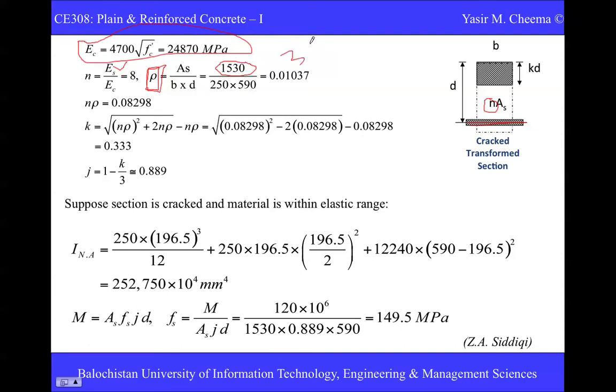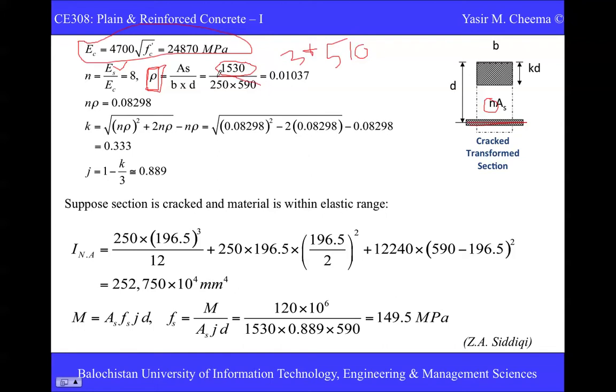Each number 25 bar is, I think, about 510. 510 multiplied by 3 gives you 1530 mm square.